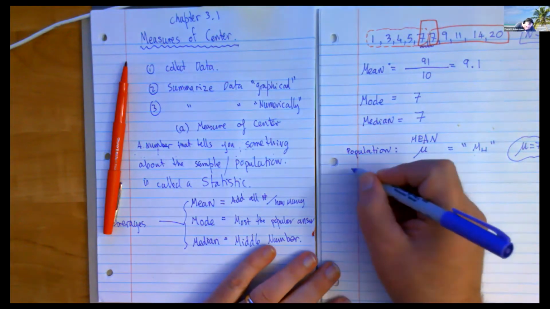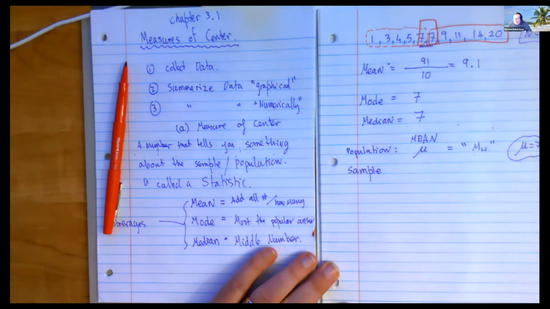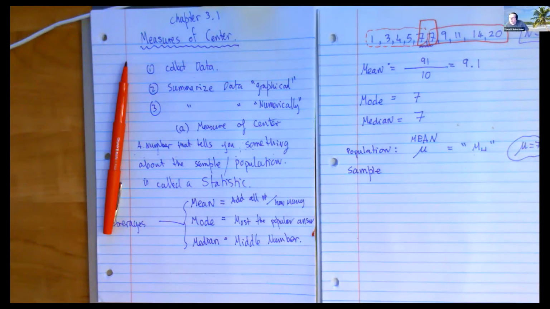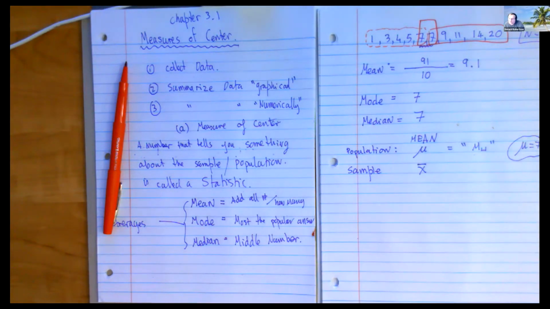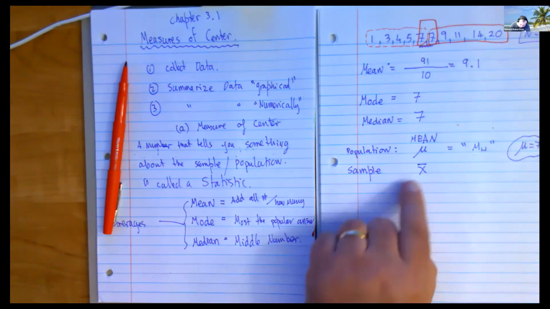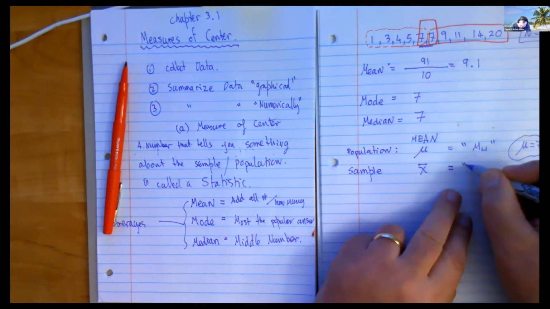If, however, you only use a sample of people, right? I only asked 100 people in the population, then the mean is called that funny little X with a line on top of it. I don't know if you've ever seen that notation. We call that X bar.